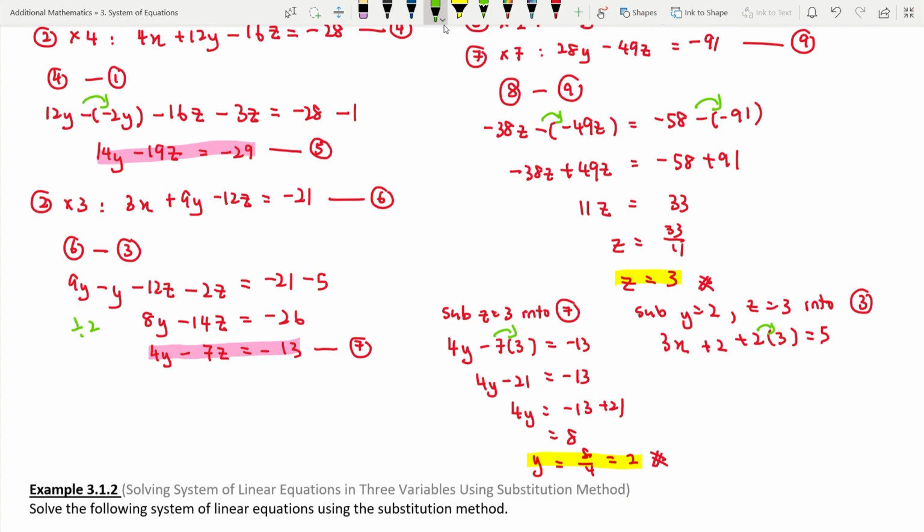We expand the bracket and simplify it at the same time. 3x plus 2 times 3, we get 6. 6 plus 2 is 8, is equal to 5. 3x is equal to 5 minus 8, which is negative 3. x is equal to negative 3 divided by 3, we get negative 1.